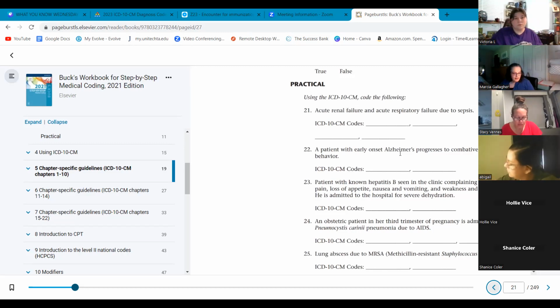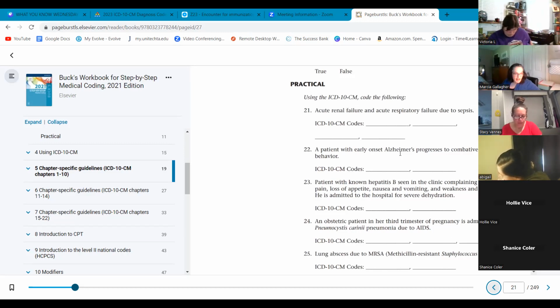Remember I had you write down that F02.80. If you look above G30.0, you're going to see your includes, use additional codes, and it says use additional code to identify delirium if applicable, dementia with behavioral disturbance, F02.81, and dementia without behavioral disturbance.